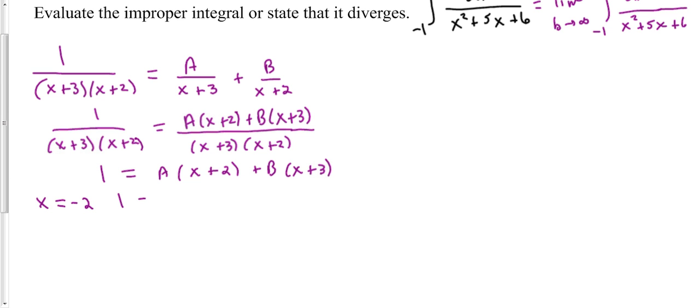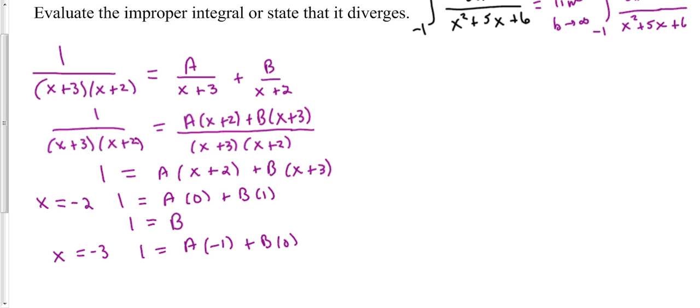Then 1 is equal to A times 0 plus B times 1, so we learn that B is equal to 1. And then I'm going to let x be equal to -3. So 1 is equal to A times -1 plus B times 0, so A is equal to -1.